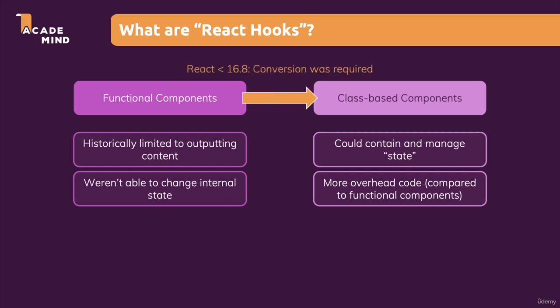But with the release of React version 16.8 in 2018, React hooks were introduced. And React hooks is a feature that now allows you to manage state in functional components and to kind of add lifecycle methods there as well. And I'm going to teach you all about React hooks throughout this module.